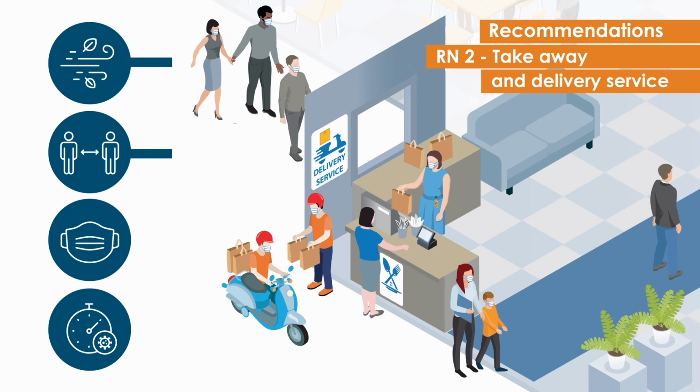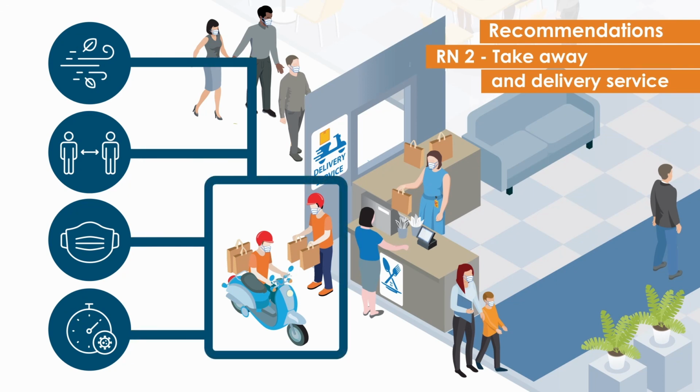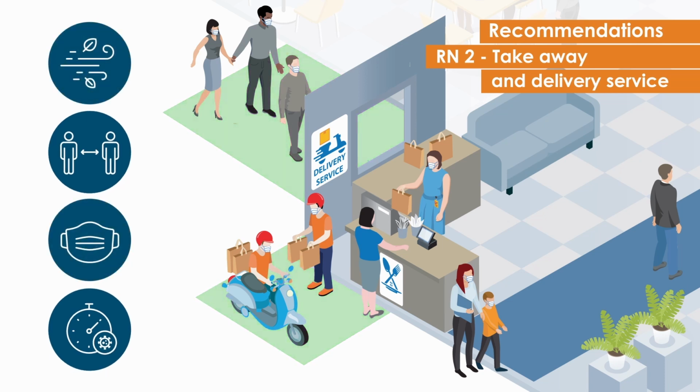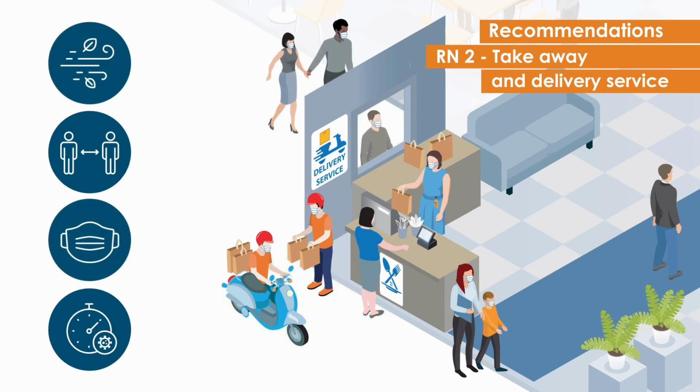Encourage delivery personnel to apply preventative measures in the restaurant and during order delivery. Encourage delivery personnel and clients to wait for their order outside the restaurant. Ideally, there should be a window facing the outside to facilitate contactless pickup.